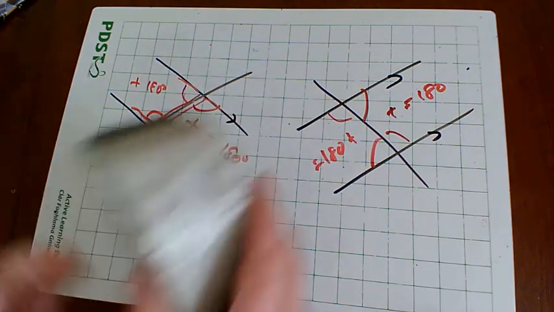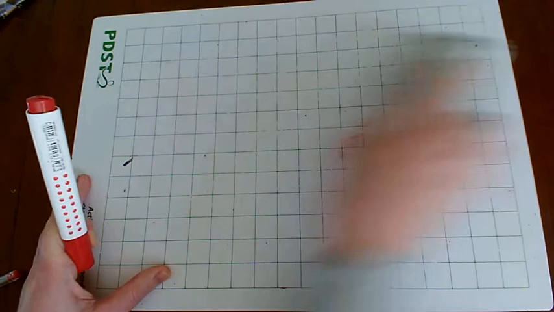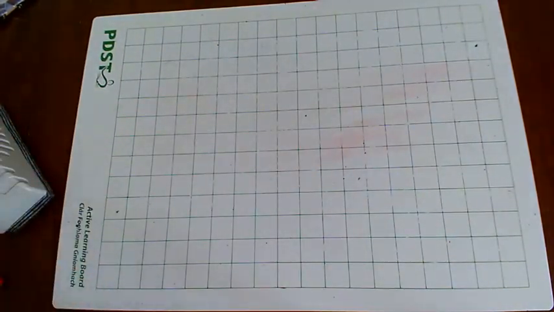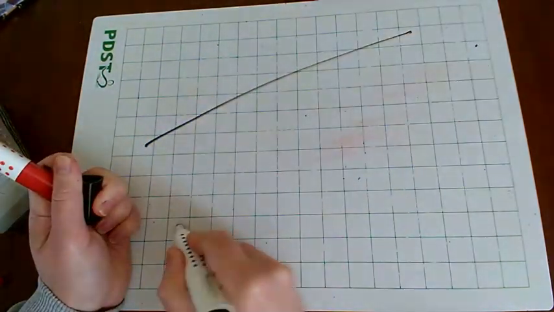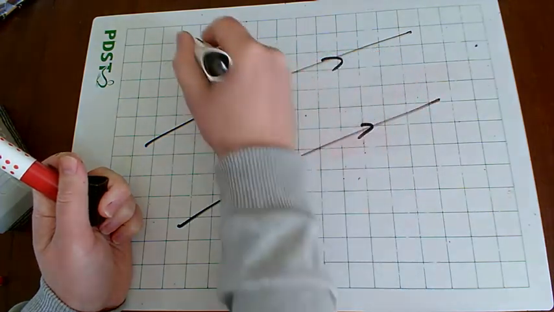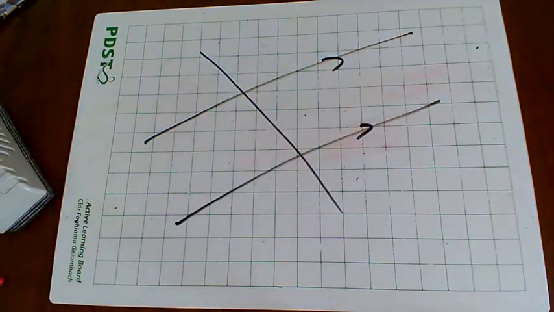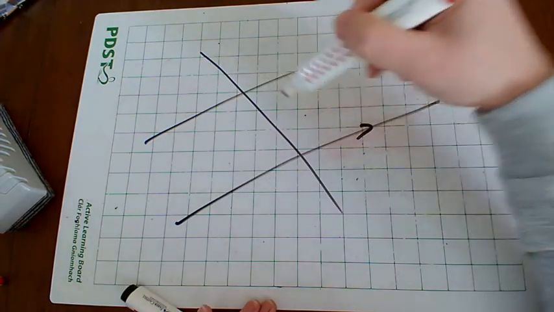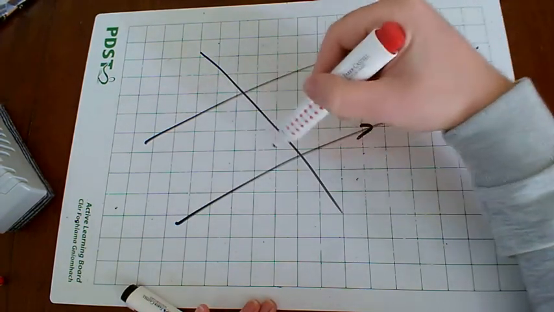Okay, so if I just rub those out, and I draw, again, 2 parallel lines, and I draw a line through them, we've created 8 angles. This angle, this angle, this angle, this angle, this angle, this angle.